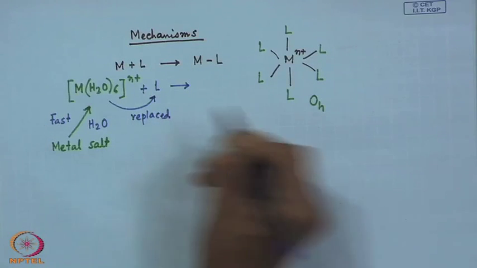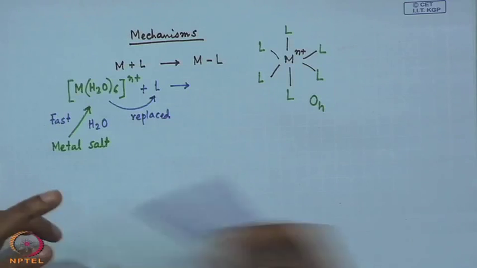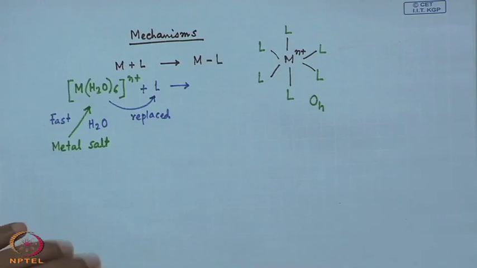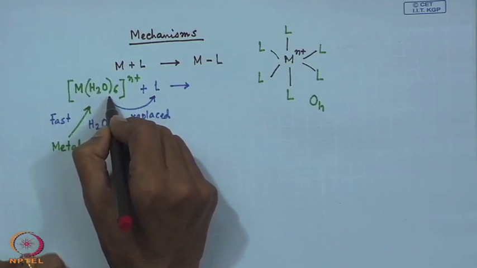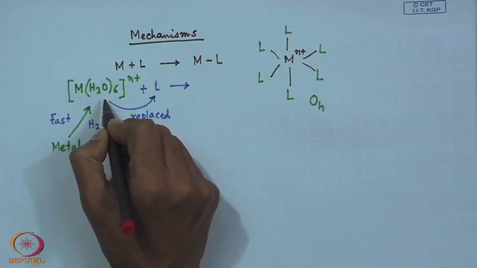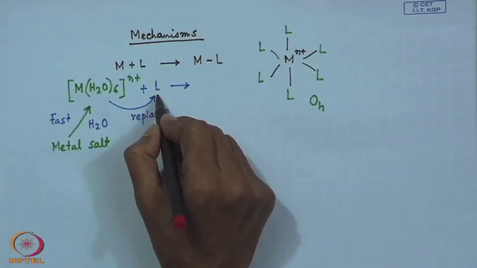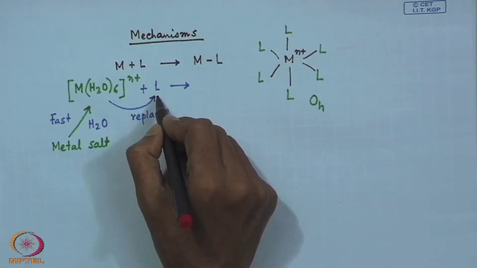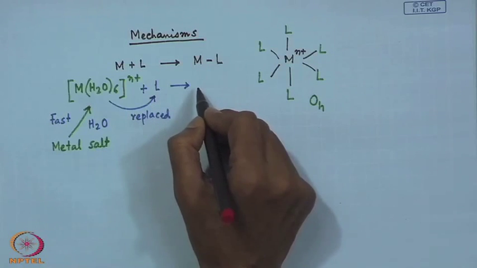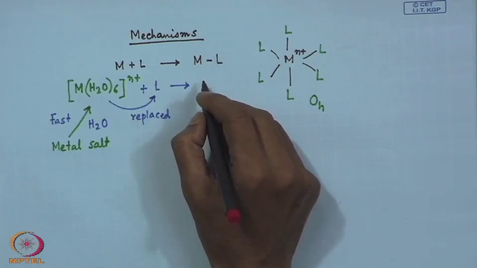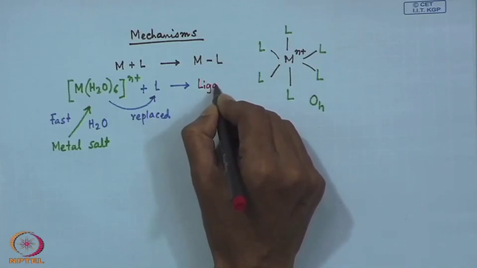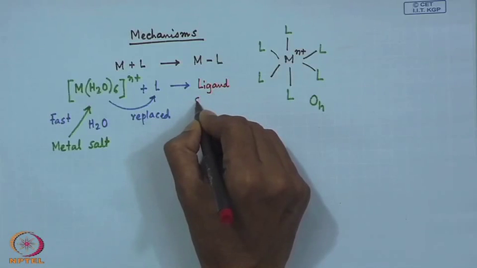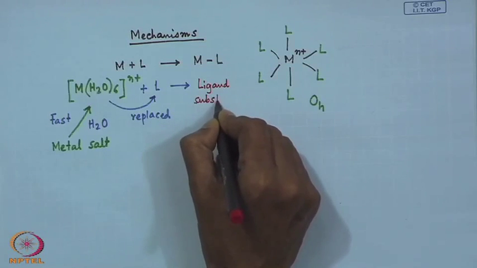One particular ligand was the water molecule, and it will be replaced by the new ligand L. It can be ammonia, ethylenediamine, or any other sulfur-bearing or other type of ligand. So we get a ligand substitution reaction.